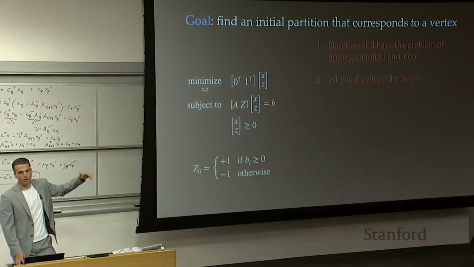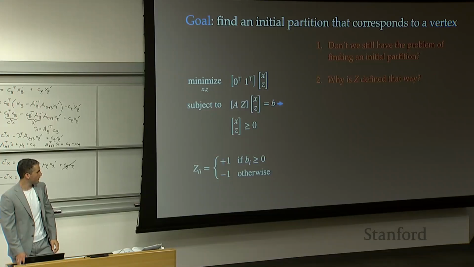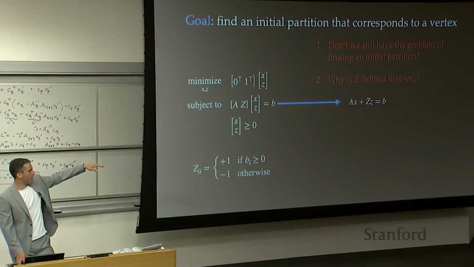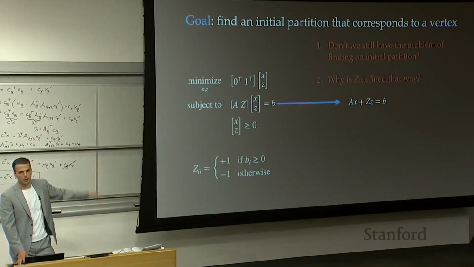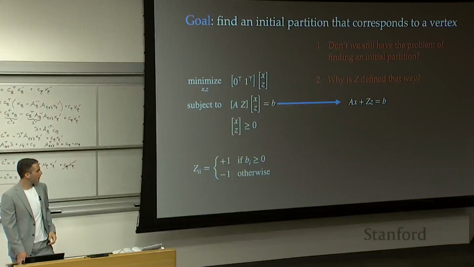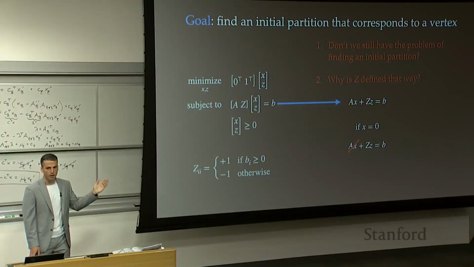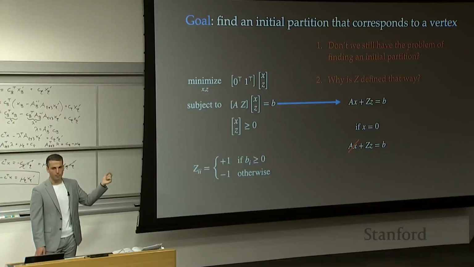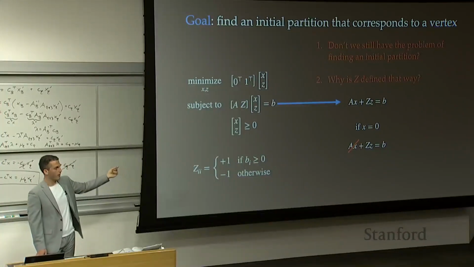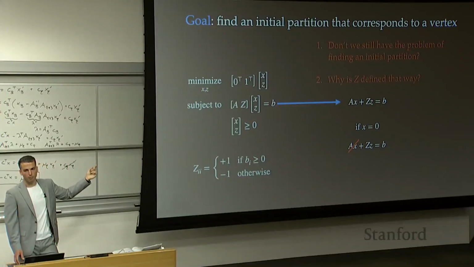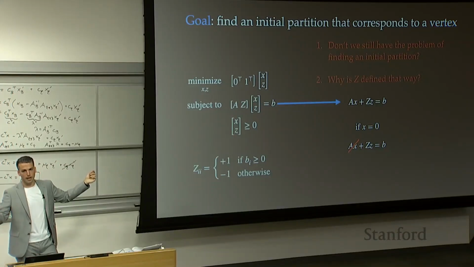Starting with the second one, why is Z defined like this? Consider the constraint if we pull it out and write it as Ax plus Zz equal to b. Consider the case where x is equal to 0. What we're going to have is just Zz equal to b. In order to satisfy this constraint, we would need some more freedom on our z variable, because right now we've constrained z to be greater than or equal to 0. The b terms, though, can be negative.